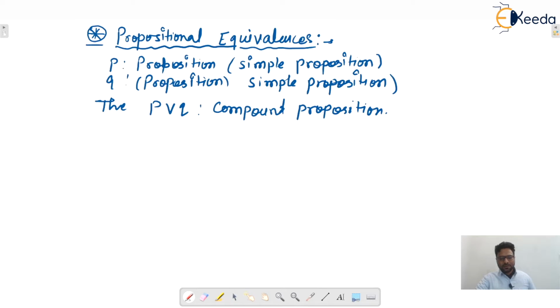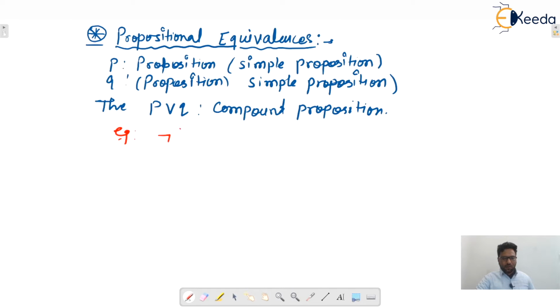So two simple propositions are given and P or Q becomes a compound proposition.